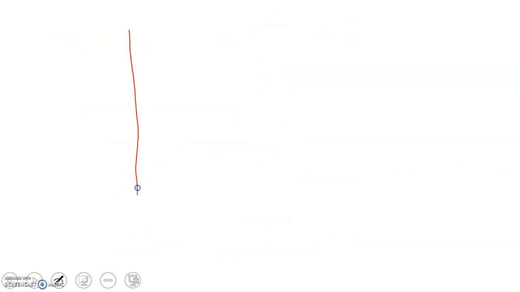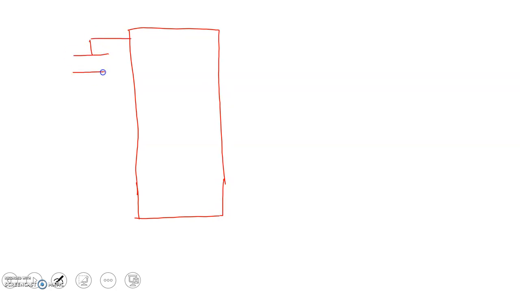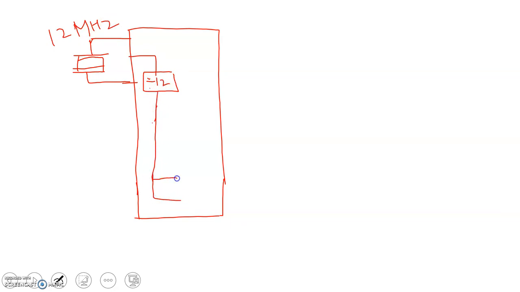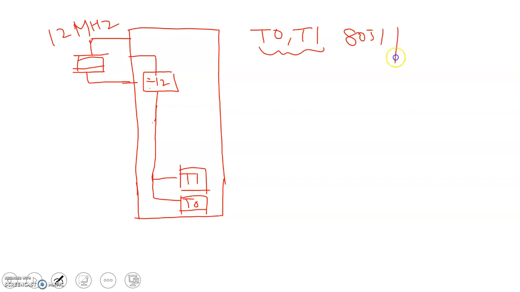To understand what exactly I mean by fixed frequency and variable frequency, we know that the 8051 microcontroller takes its input from an oscillator, normally a 12 megahertz oscillator, and that is divided by 12, and then that comes to the two registers, T1 and T0. If you remember, we have two pins, T0 and T1, also in the 8051 microcontroller.